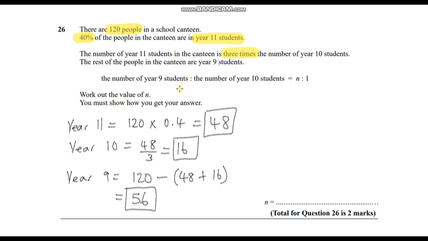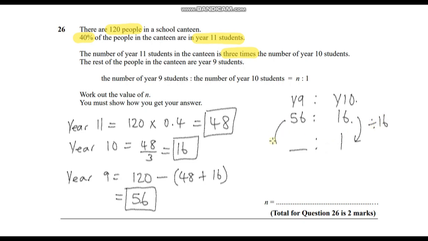Now we have to write down the ratio. The ratio of the number of year 9 students to the number of year 10 students. There are 56 year 9 students and there are 16 year 10 students. Now we have to write that as a ratio n to 1. So something to 1. To go from 16 to 1, we're just going to divide by 16.